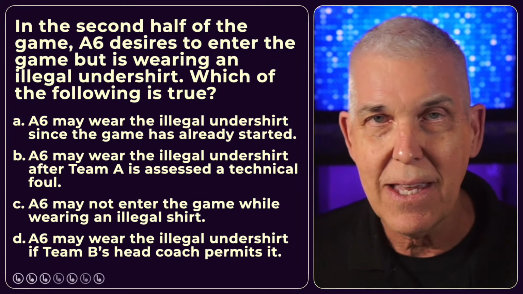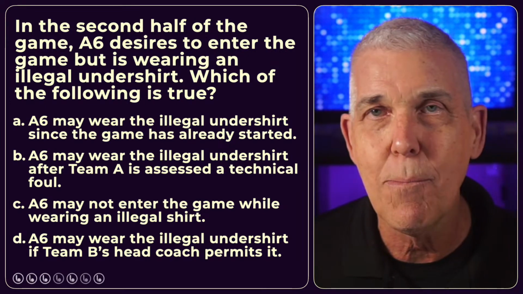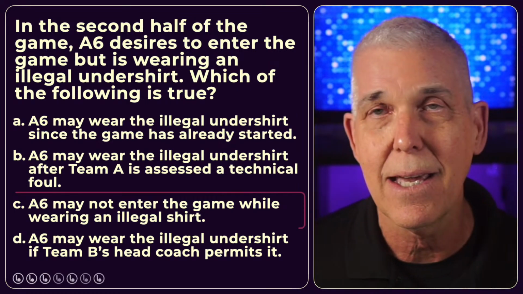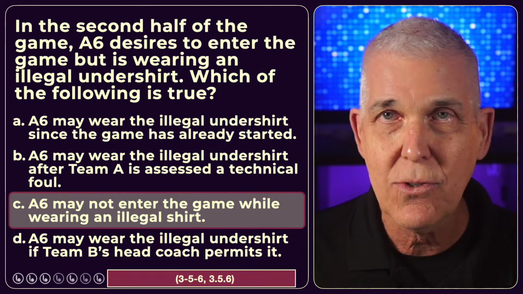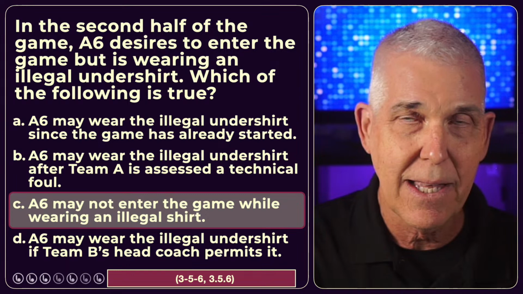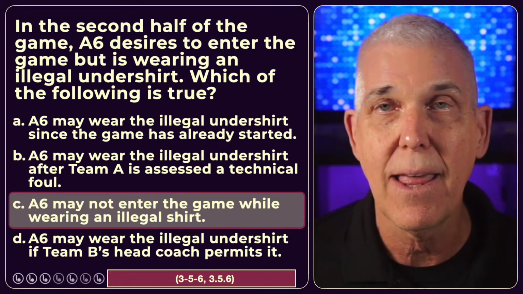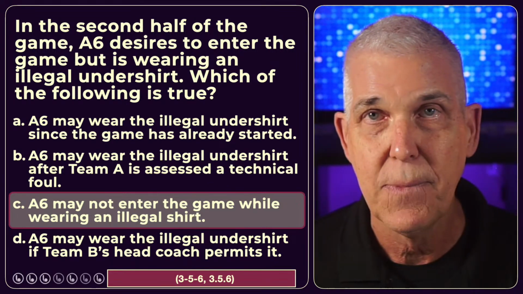Or D, A6 may wear the illegal undershirt if Team B's head coach permits it. By rule, our player is not able to participate while illegally equipped. That's the penalty. There's no technical foul. If we discover a player is illegally equipped, they are directed to leave the game. They may re-enter the game when they have rectified whatever it is that is illegal.